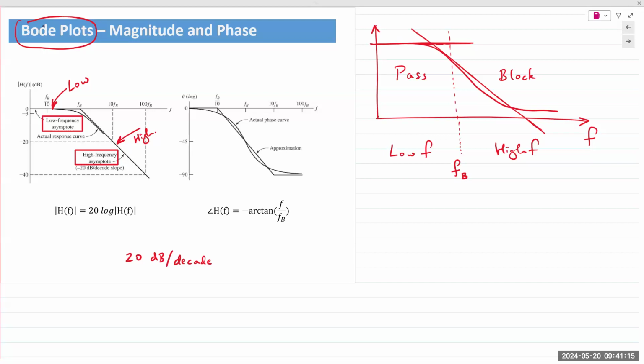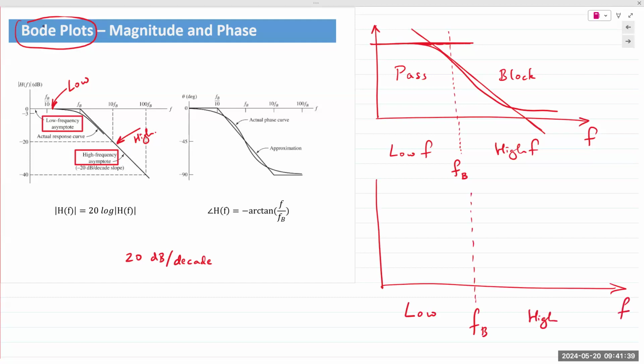So what would it look like for a high pass filter? If this is our FB here, low frequencies, high frequencies.